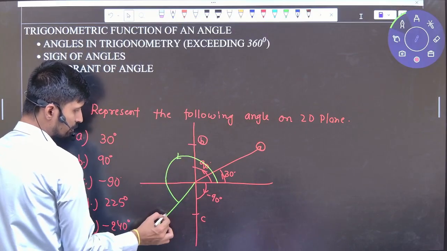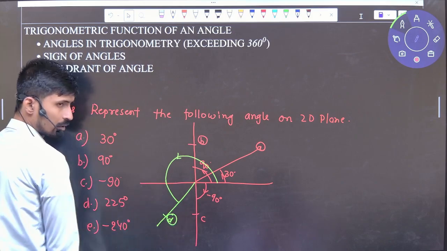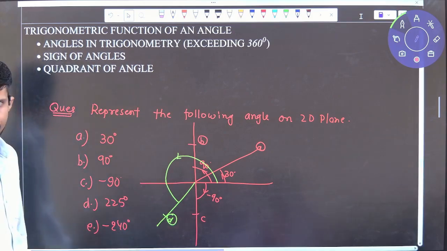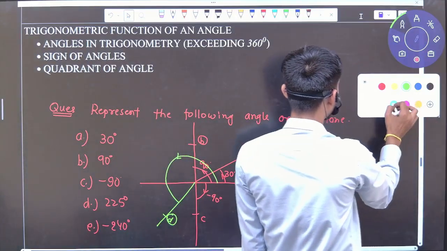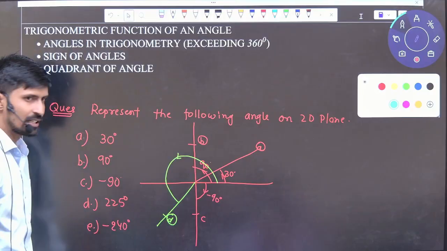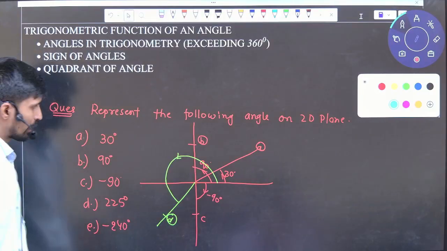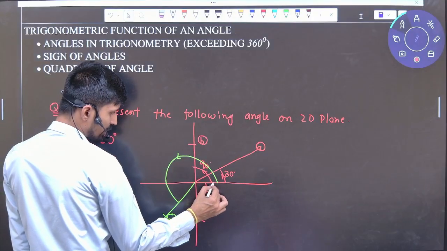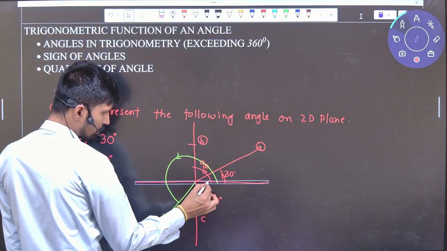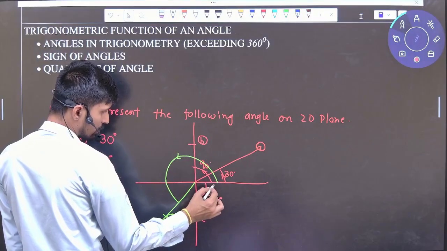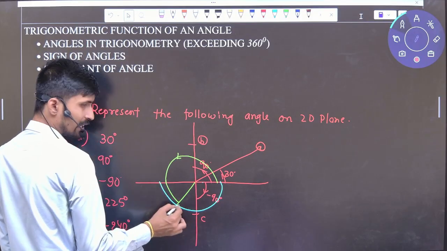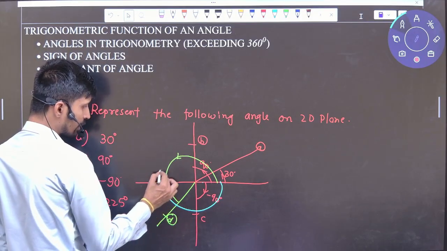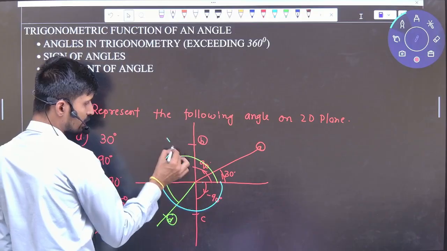So this will become D. And where will minus 240 degree go? First it will start from here. Minus 180 degree, minus 60 degree.